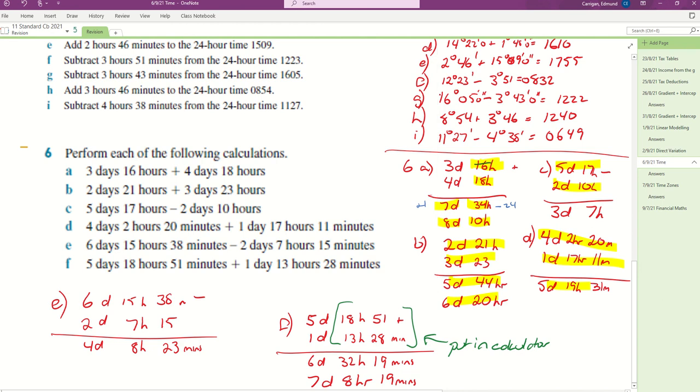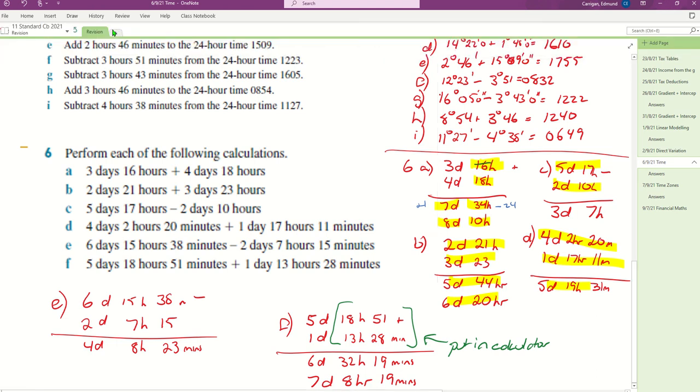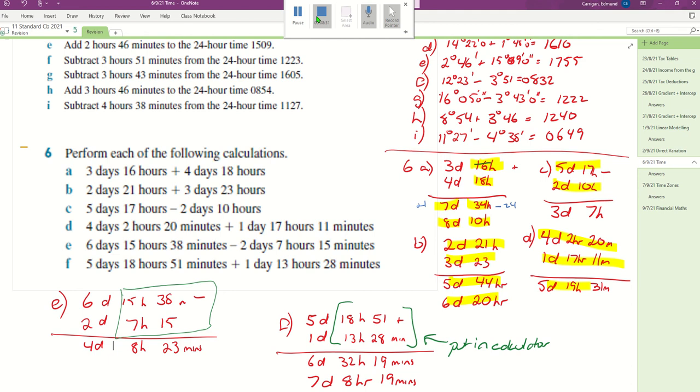This section here we can do pretty much in our head, but you can put the hours and the minutes into your calculator. And definitely when you get to F, put this section here into your calculator and then add them through. Okay, that was pretty mumbled, but that is my solution.